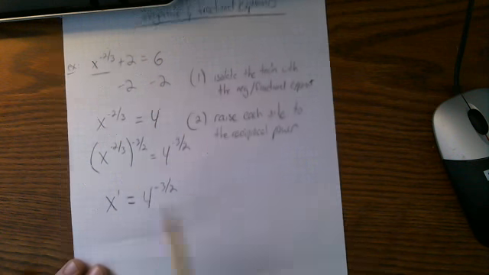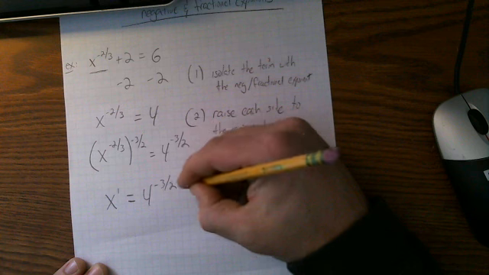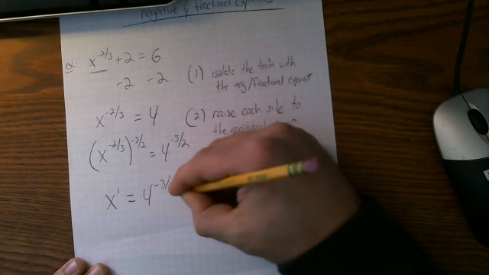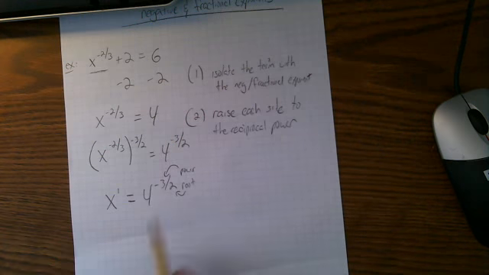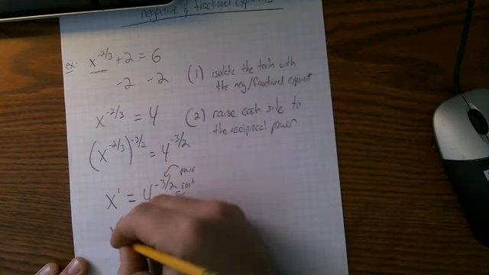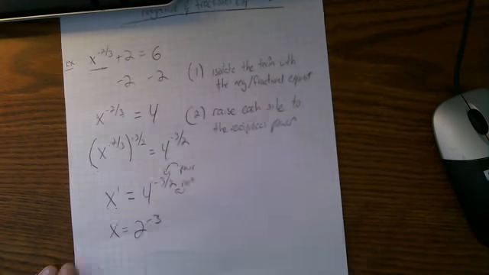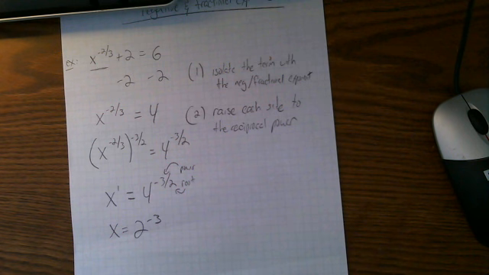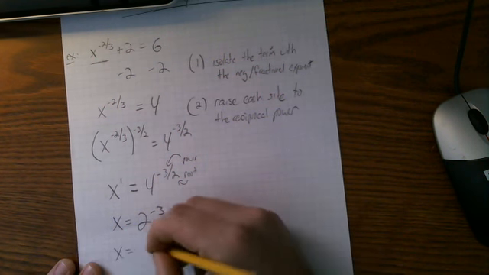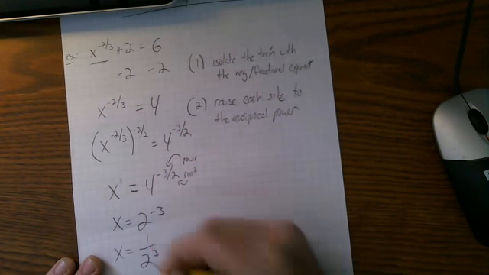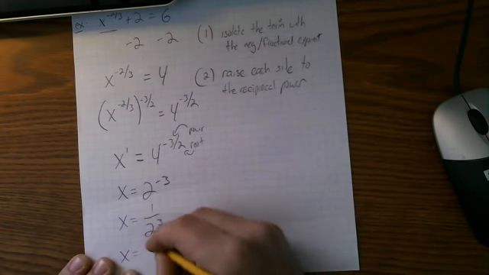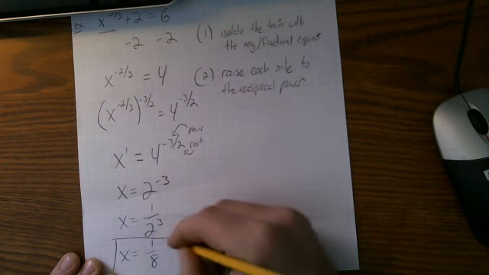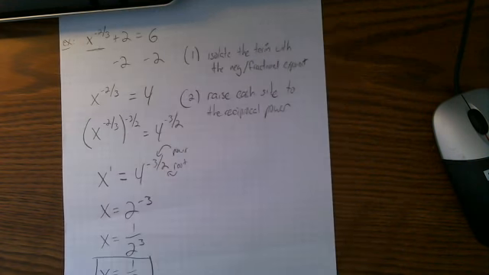And now we just have to evaluate some power over root. So let's take the square root of 4, which is 2. So x equals 2 to the negative 3rd power, which means x equals 1 over 2 to the 3rd power. Negative exponent means take the reciprocal, and 2 to the 3rd power is 8. X equals 1 over 8.